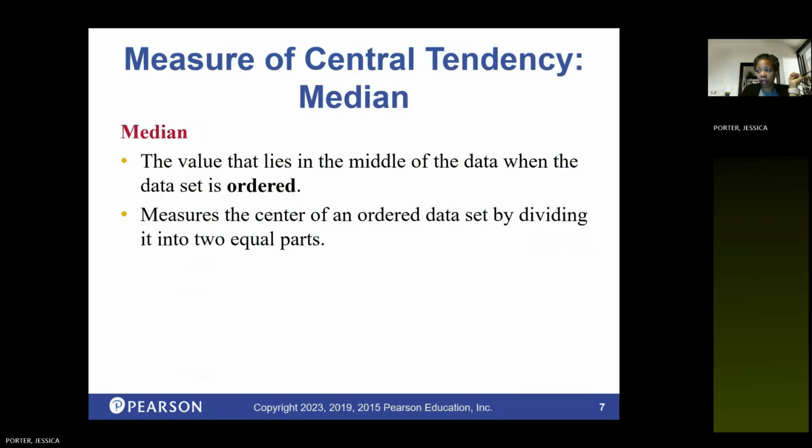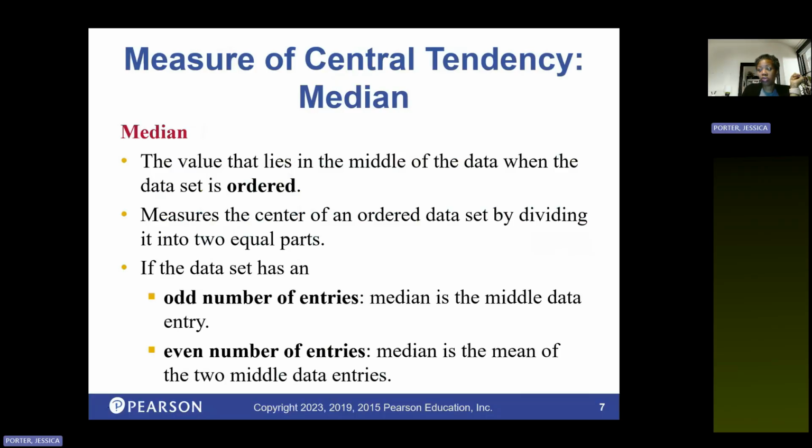Now, there's two situations here. If you have an odd number of entries, the median is going to be the middlemost data point. If you have an even number of data entries, the median is going to be the average of the two middle points.